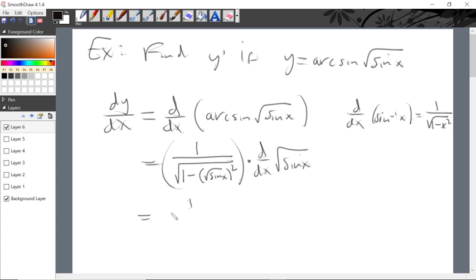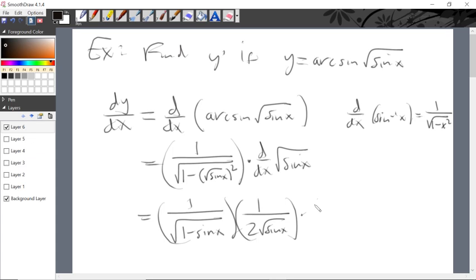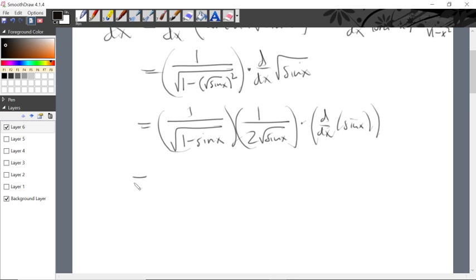So we have 1 over the square root of 1 minus the sine of x. The derivative of the square root of sine of x is going to be 1 over 2 root sine x times the derivative of the sine of x, another chain rule. And the derivative of the sine of x is cosine x.